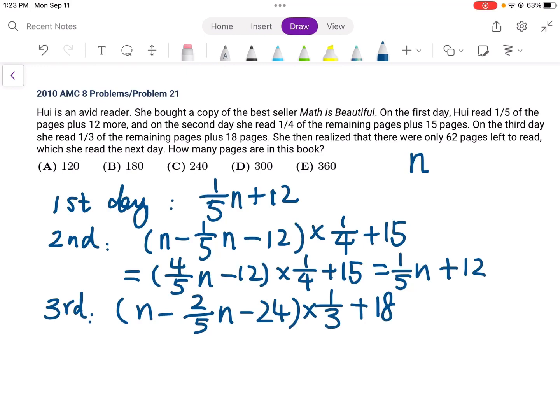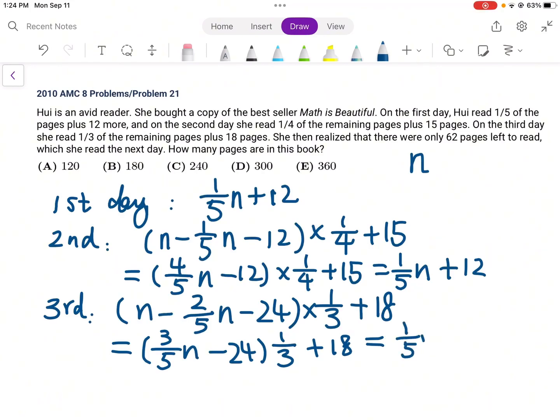And we simplify this, we get 1/5 n plus 10.